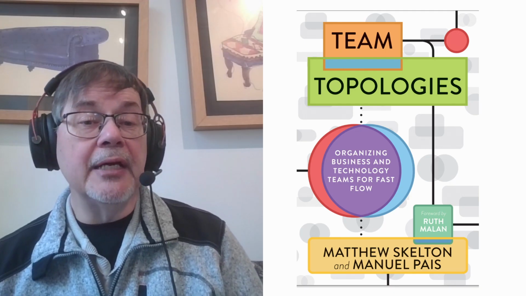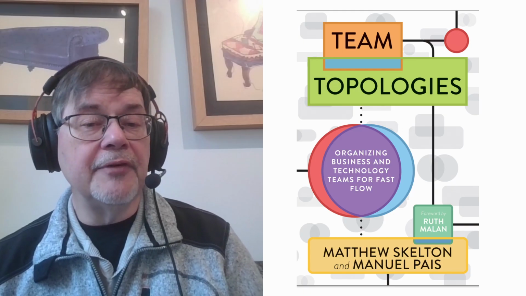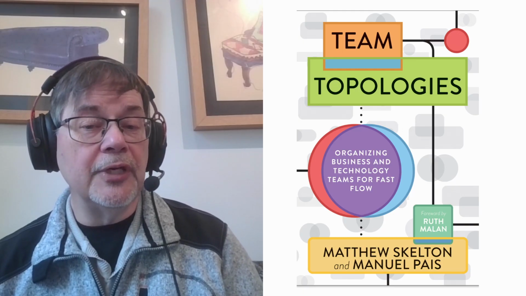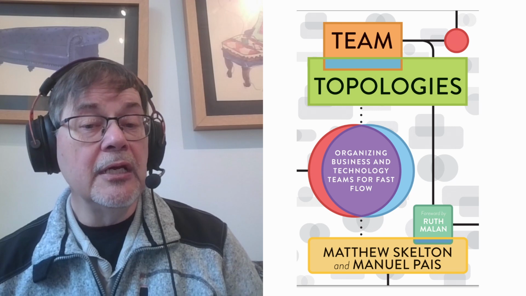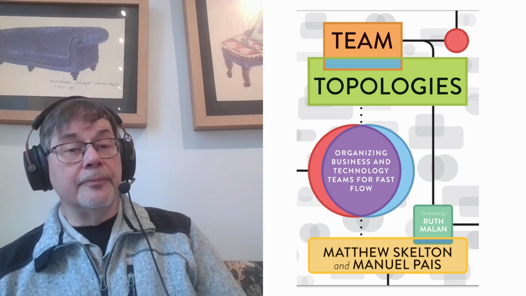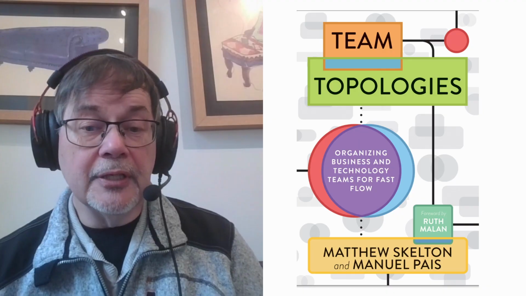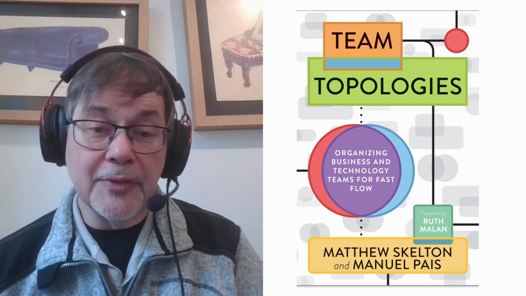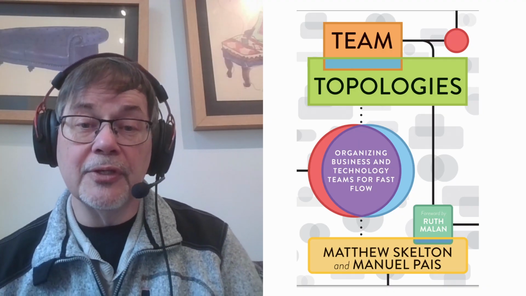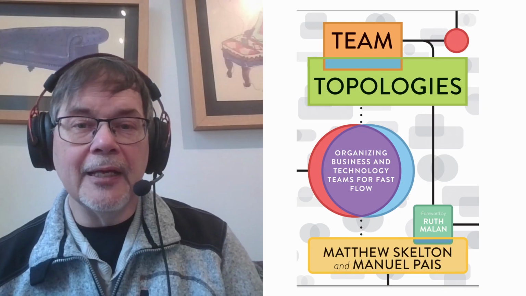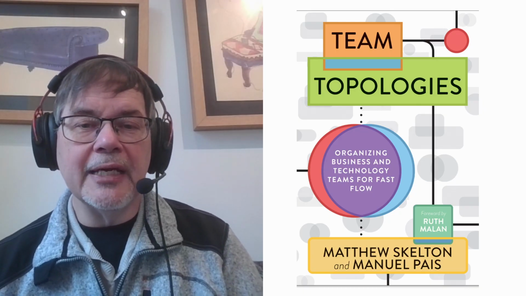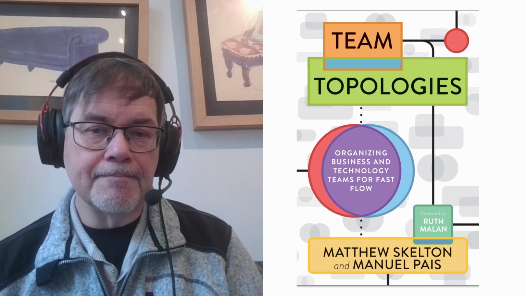A manager I know and I made a walkthrough of the fracture planes idea, and he quickly identified a fracture plane that could be used to create boundaries of responsibility for teams in his organization. Now, that particular manager knows a lot about software development and the systems architecture too. So I'm not certain just any manager could do that.